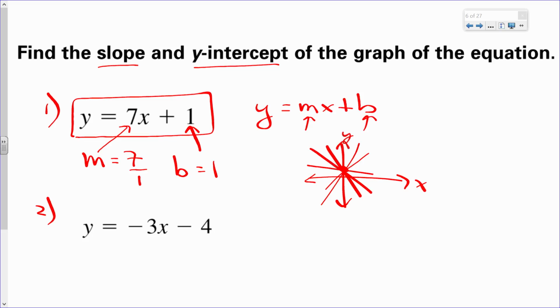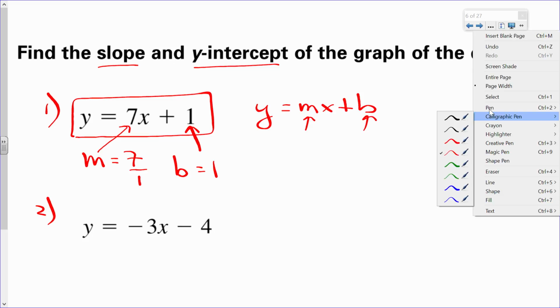I trained you on this last week before Thanksgiving, what the y-intercept is. Whether it's negative or positive, it's going to be like whether you move left or right on the y. Watch, let me draw a graph again.